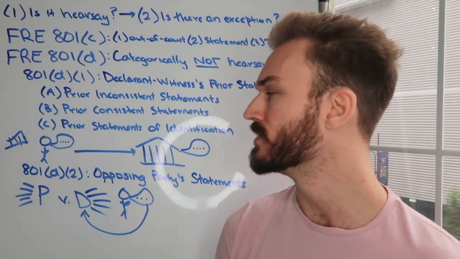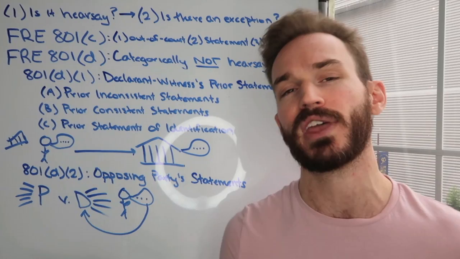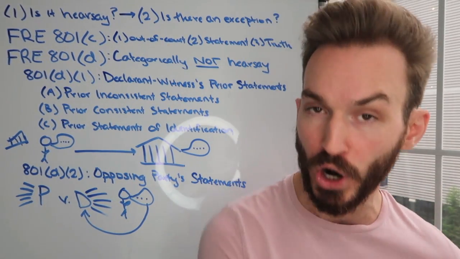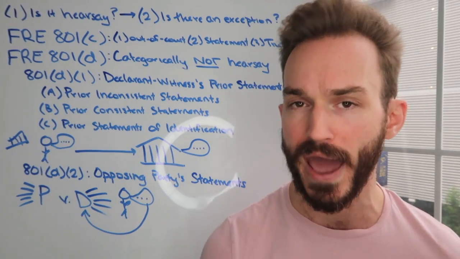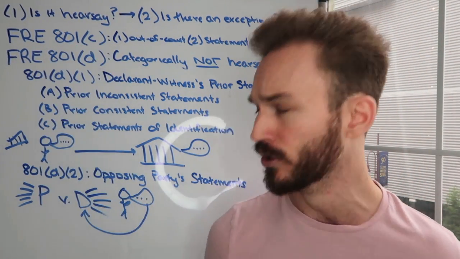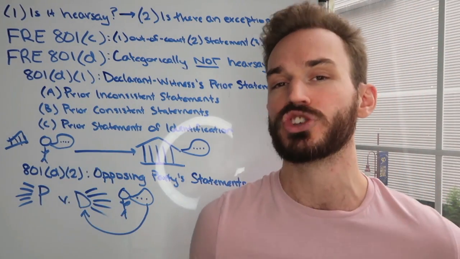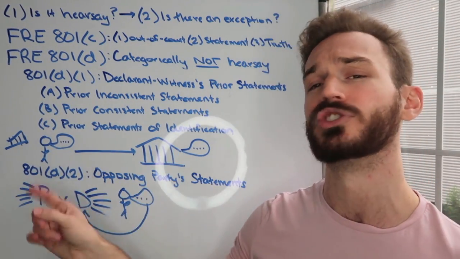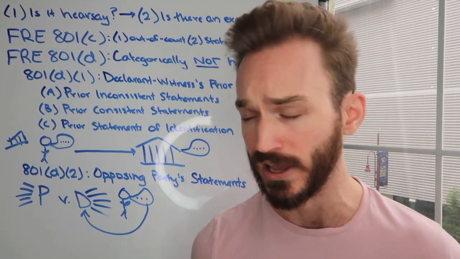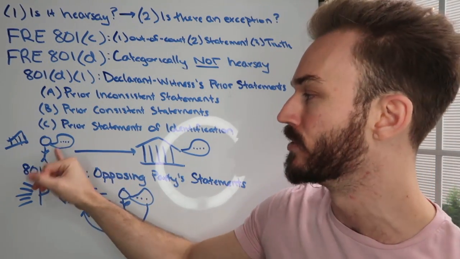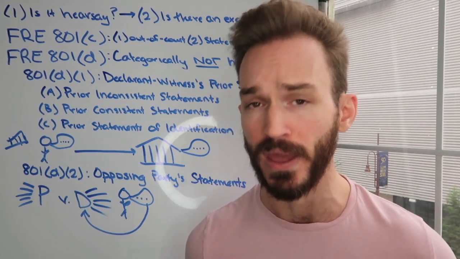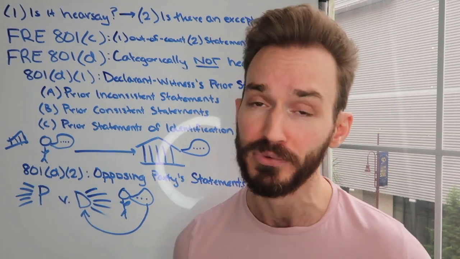Now remember, obviously in our last video, a prior inconsistent statement can always be brought in if it's being brought in for any other purpose than to prove the truth of the matter asserted. Then this third element isn't met under 801C and it's not hearsay. So if you're bringing this in to impeach the witness, you're saying, hey look, his story has changed from story A to story B. Clearly he doesn't have credibility. In that case, it doesn't matter whether or not he was under penalty of perjury when he made this prior inconsistent statement, because you're not bringing it in for substantive purposes.